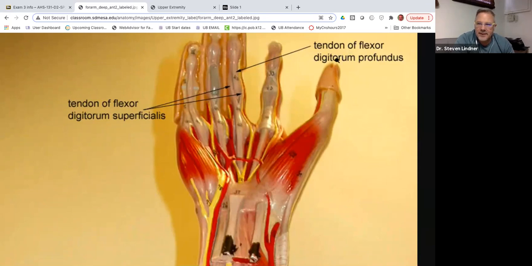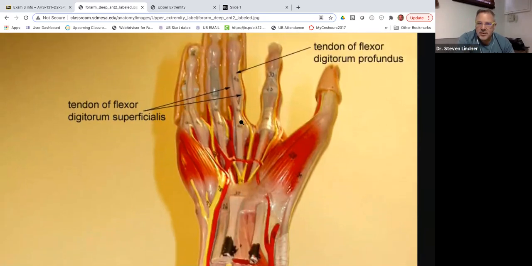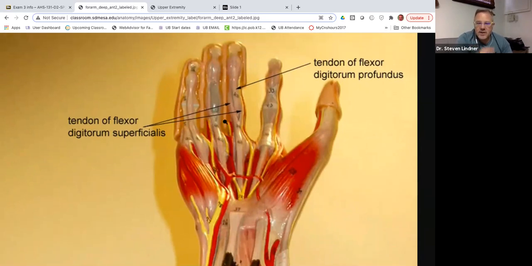If we look at the flexor digitorum profundus, since it crosses the wrist, it flexes the wrist. Since it crosses the metacarpal phalange joint, it flexes that. Since it crosses the proximal and the distal interphalange joints, it can flex all the bones and all the joints.